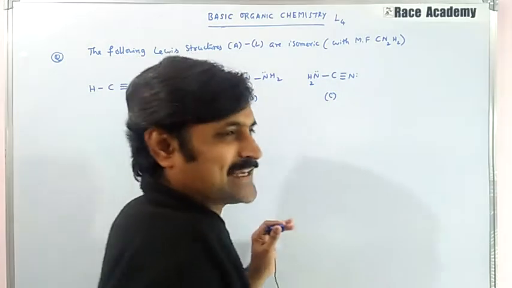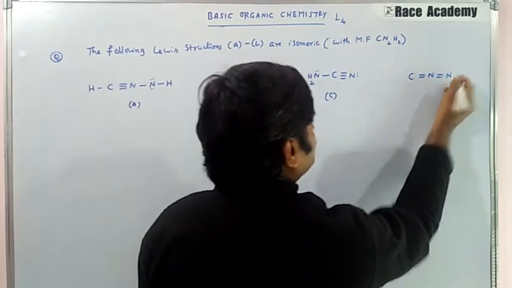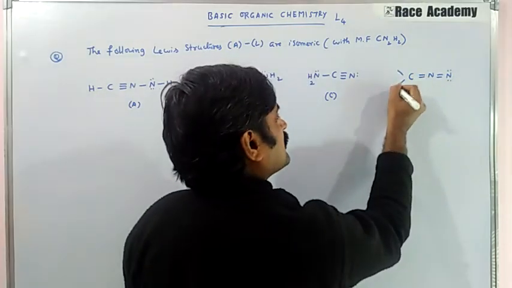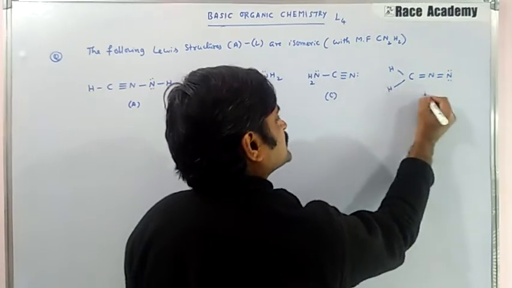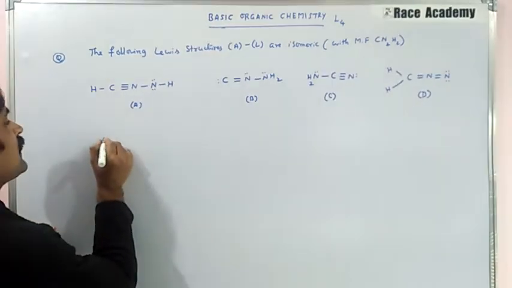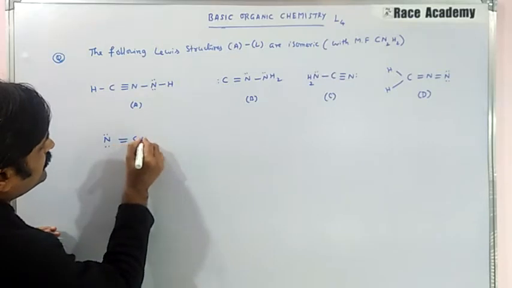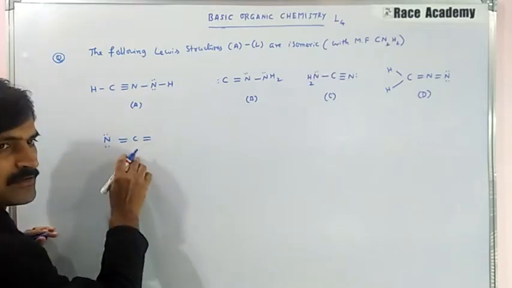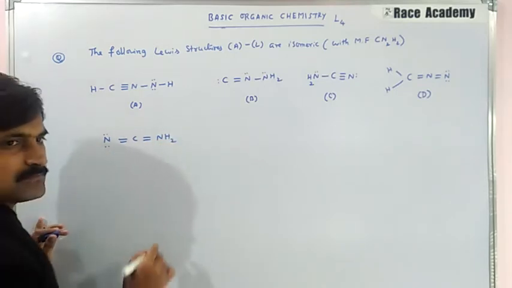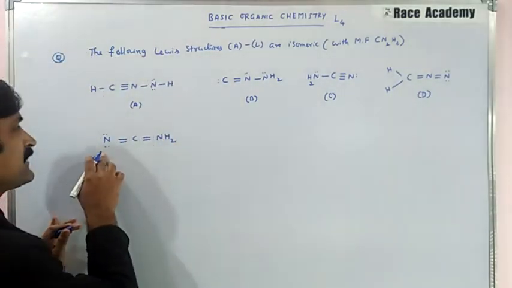What is the D structure? Two nitrogens given continuously, and the rest hydrogens only. This is D. Coming to another structure, they have given a double bond between nitrogen and carbon, and a double bond of carbon with NH2, but over that nitrogen they have not given any dots, while here they have given dots.